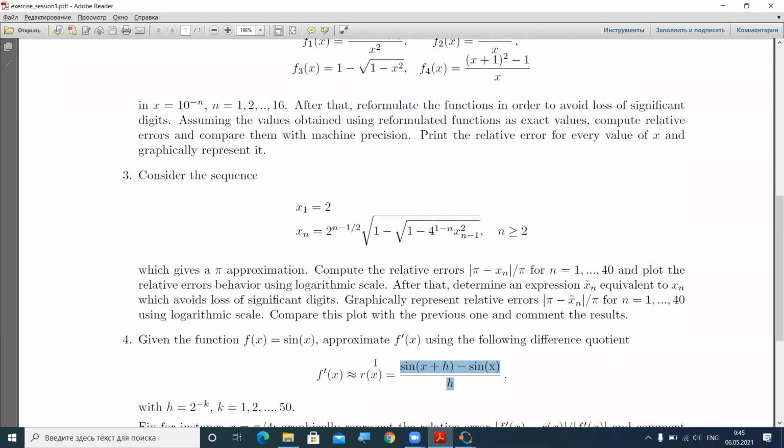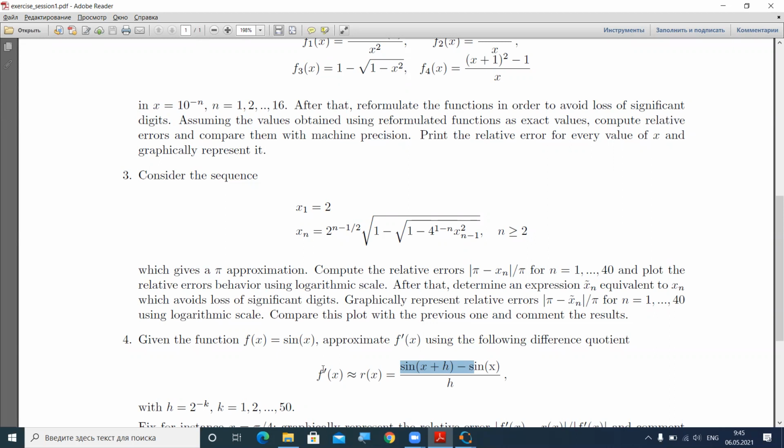And here you can see the alternative form for the derivative. So we just compare with our derivative of f. The derivative of f here is just cosine x, the derivative of sine. Is it clear? Yes. So we have this definition, and this is equal as h tends to 0. They are algebraically equal, but not the same functions. So now they are approximated functions.